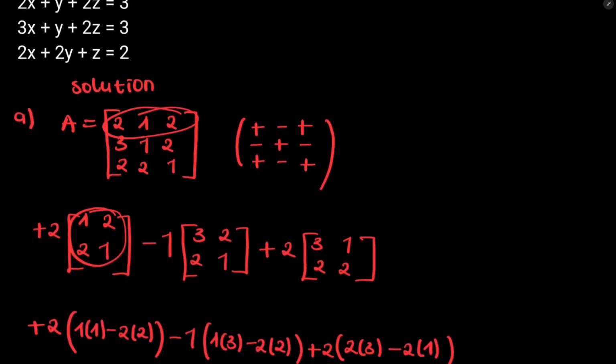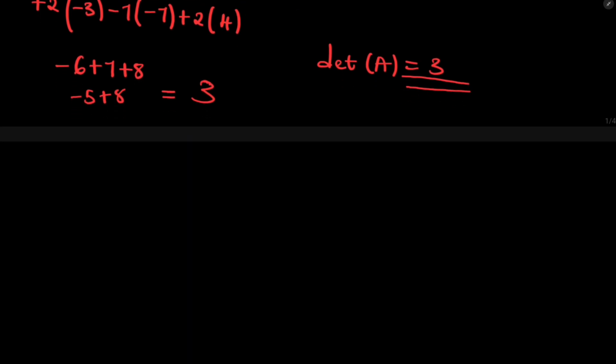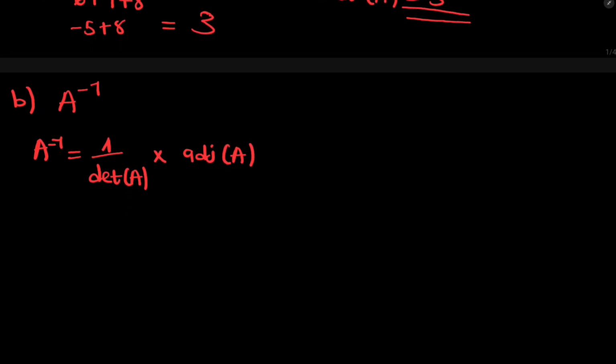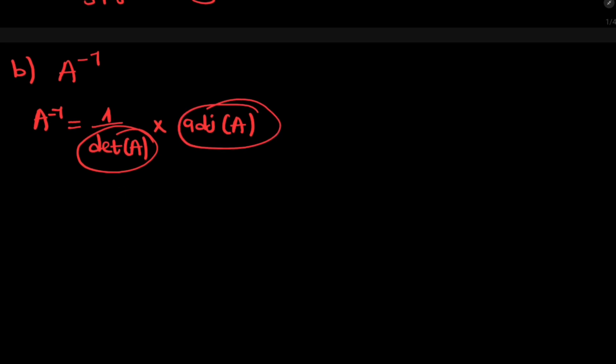So first I will find the inverse of the matrix A. The first thing, I will write down my formula: A inverse is equal to 1 over the determinant of A, which we just found above, times the adjoint of A. Now we know the determinant, but we don't know the adjoint. So that is the next thing we will do.